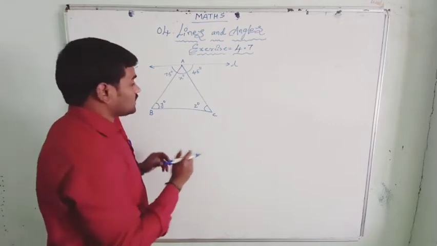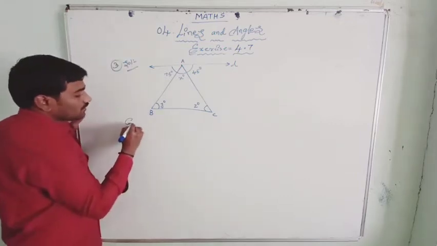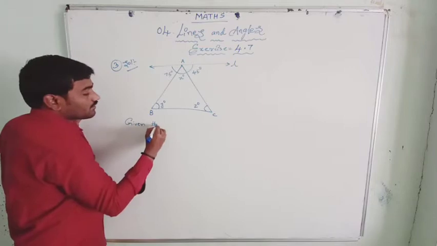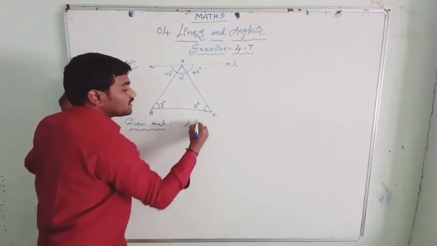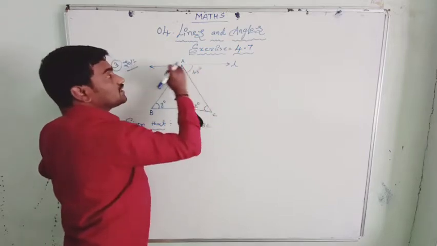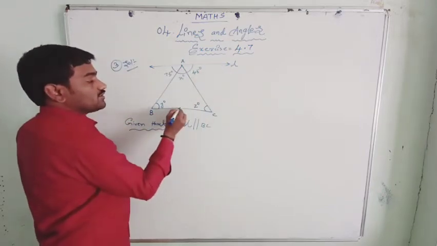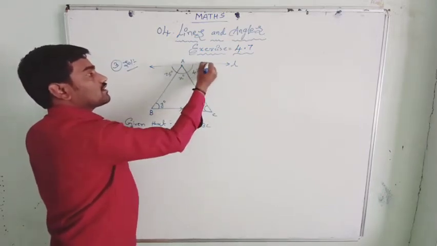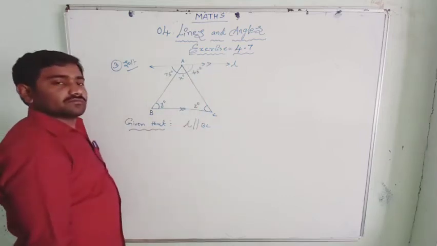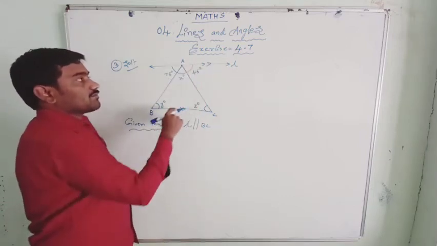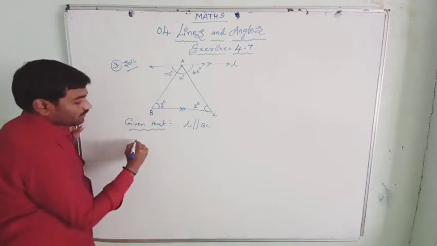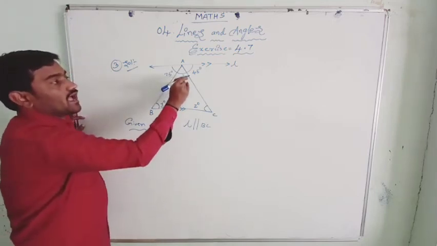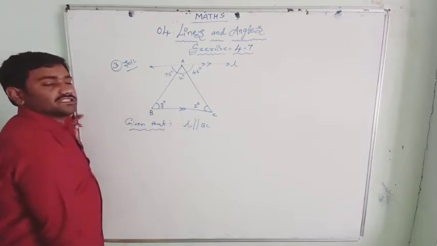So first, as given, line L is parallel to BC. These two lines are parallel lines. First of all we will find the angle x, then we will go for angle y and z.